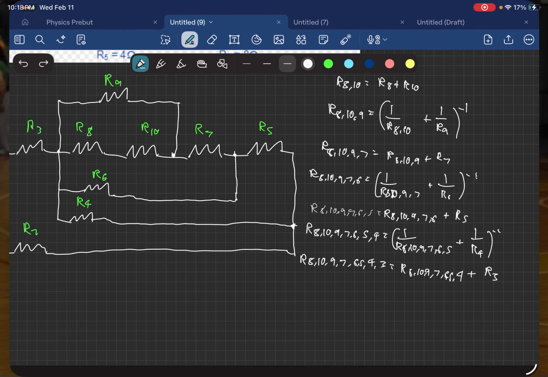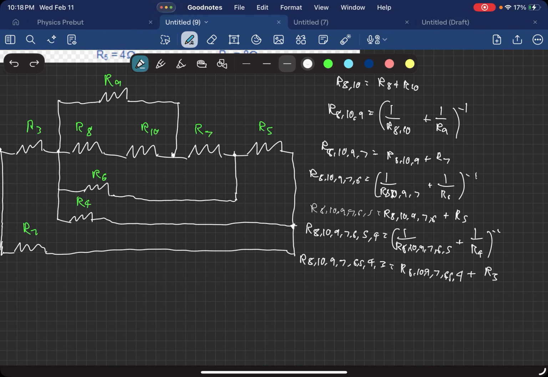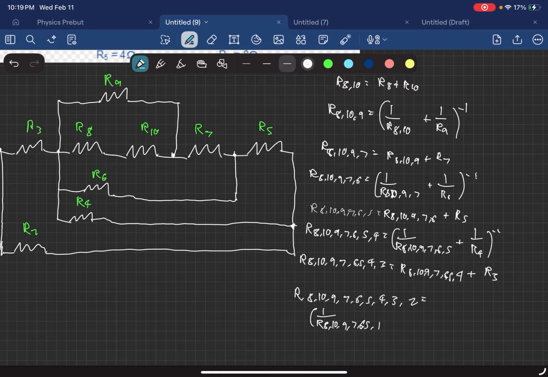We have R8,10,9,7,6,5,4,3,2 is equal to 1 over R8,10,9,7,6,5,4,3 plus 1 over R2, raised to negative 1.